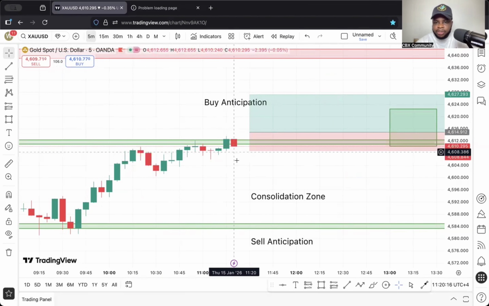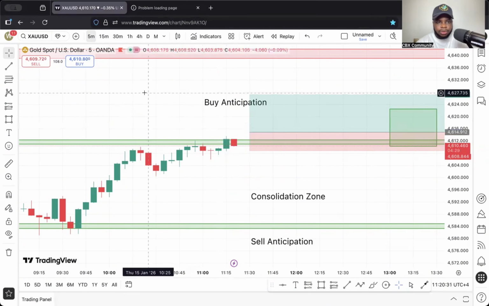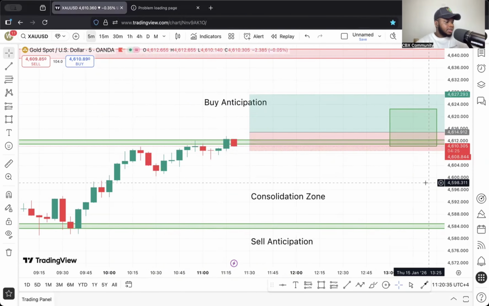The 5 minutes created with no wick at the top, so the 5 minutes should respect the low. Let's see what the market condition wants to do. Let me get my MT5 ready.